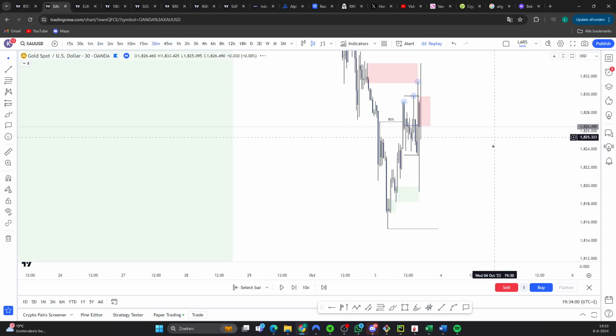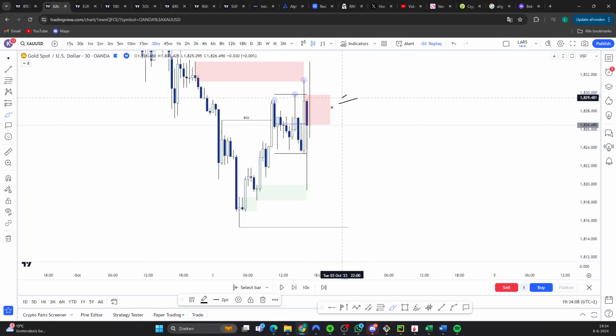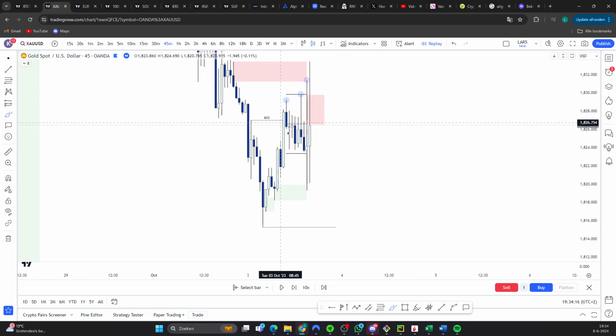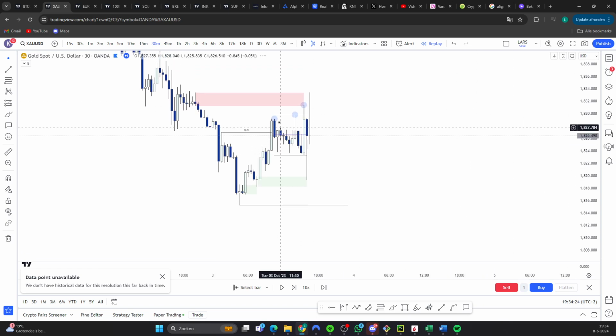Let me just double check. Oh, no, we didn't. Look. That's why you definitely needed a reconfirmation in here. As I said, we had no confirmation, but it was also an SFP. Yeah, it was a clear SFP. Okay.